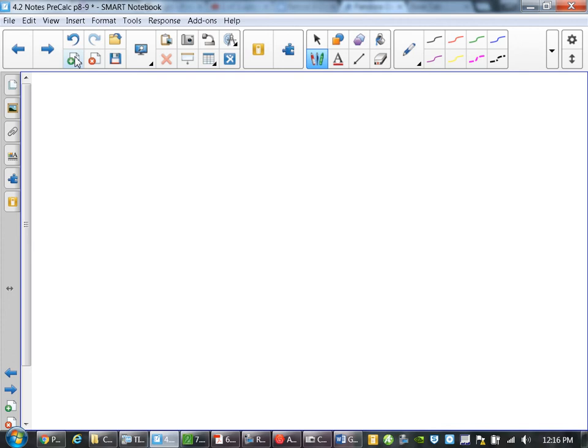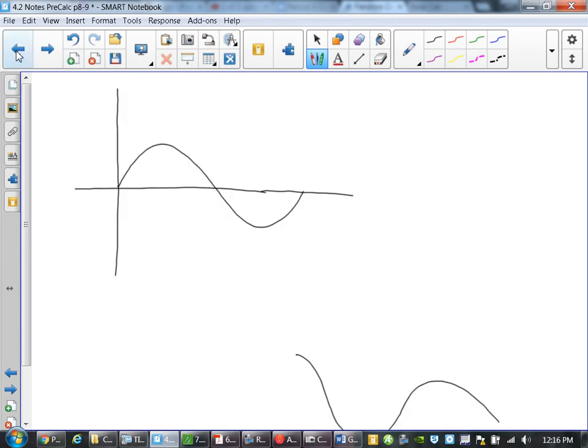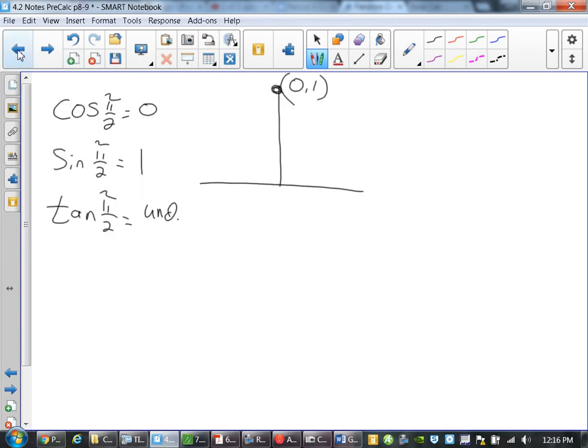Tangent had those asymptotes because it had undefined values. That's why this happens. At pi over 2, you can't divide by 0. That's why tangent is undefined at pi over 2 as well as 3 pi over 2. That's why that didn't work, if you guys remember that from graphing.